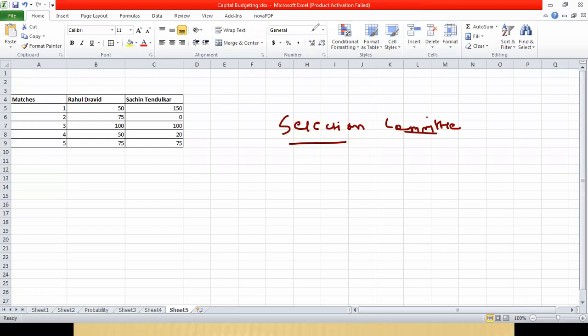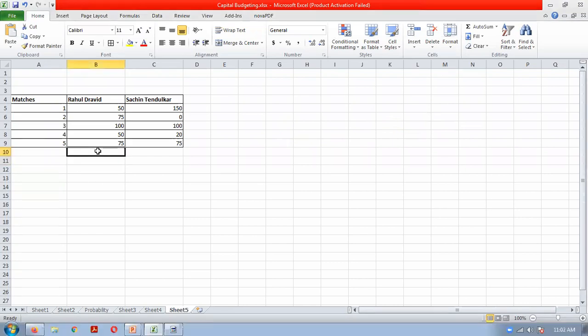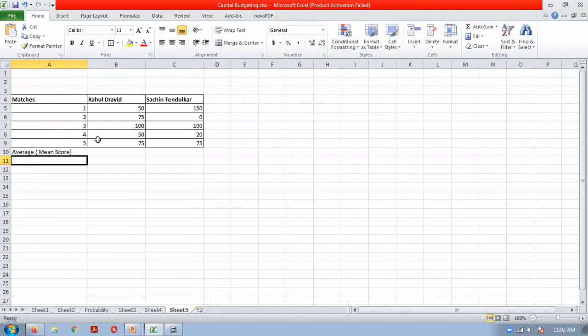First you can calculate the average of their scores. So how can we calculate the average? Average means mean score. Mean is simple, no? Do the total and divide by the number of matches.